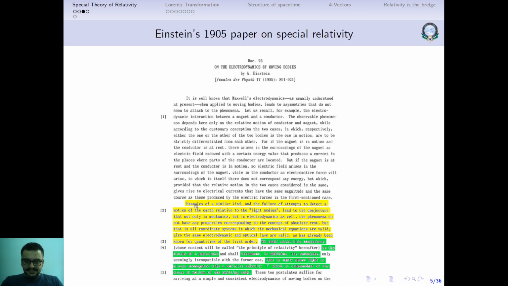So Einstein is basically talking about this previous experiment that we had discussed, and the failure of experiments such as the Michelson-Morley experiment to find the motion of the earth relative to the light medium.